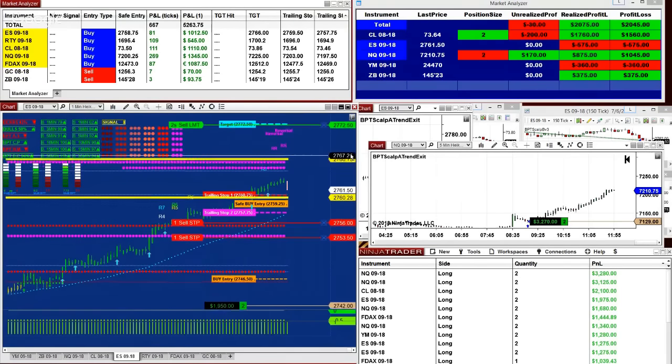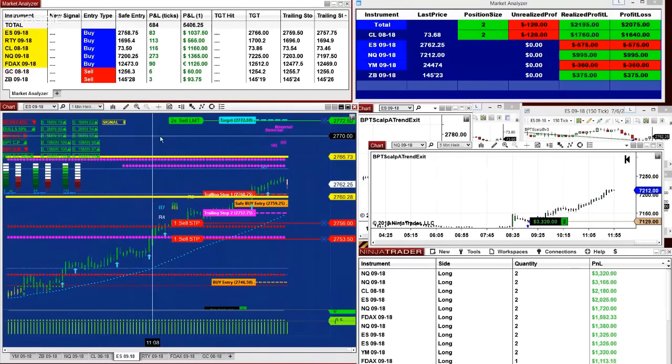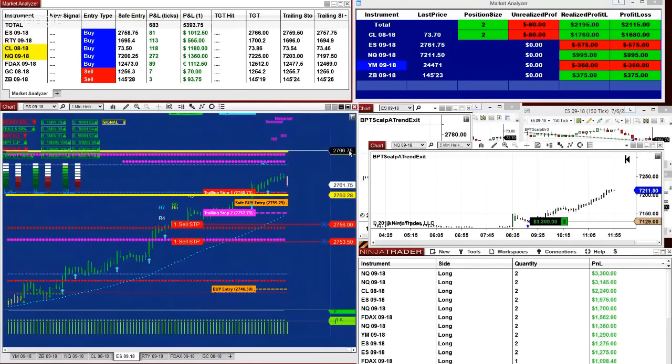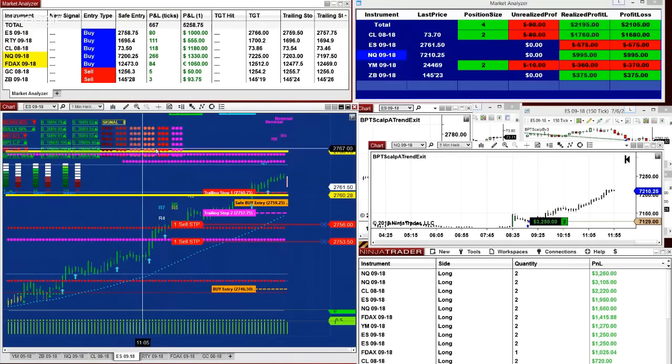Here we go, guys. You can see here the sellers' profit taking is finished. The party is over on the ES. Now we need to see what will happen here. You see, is this selling starting to come in or is it profit taking? We'll see.